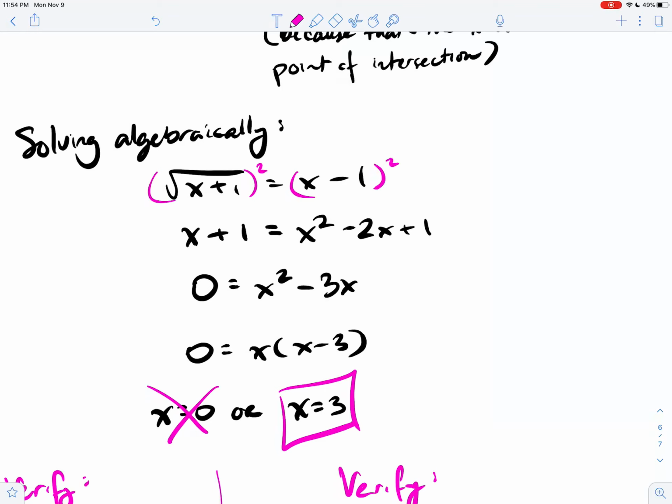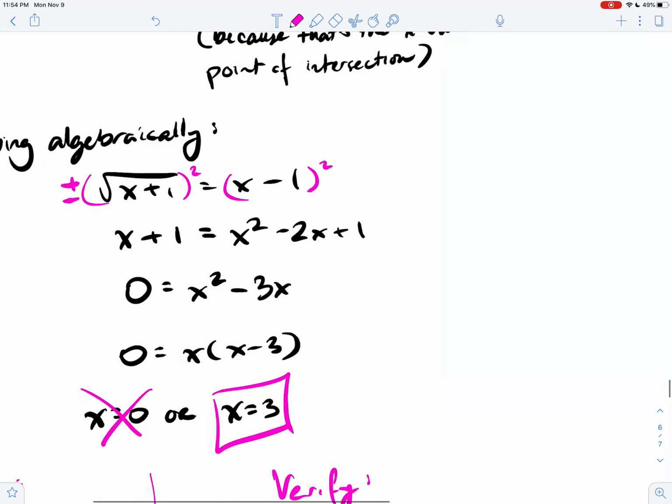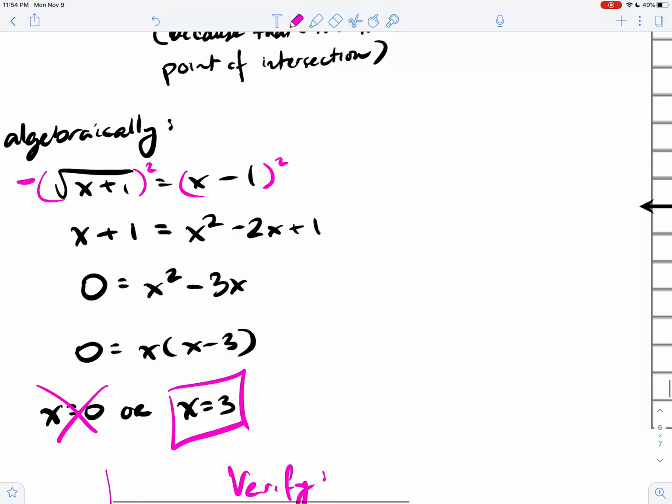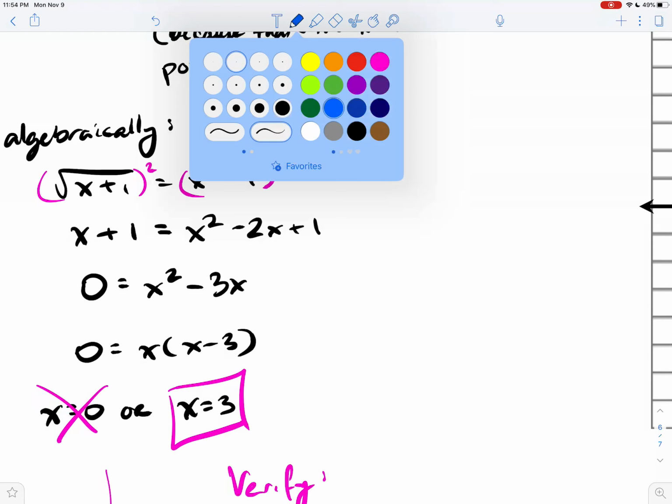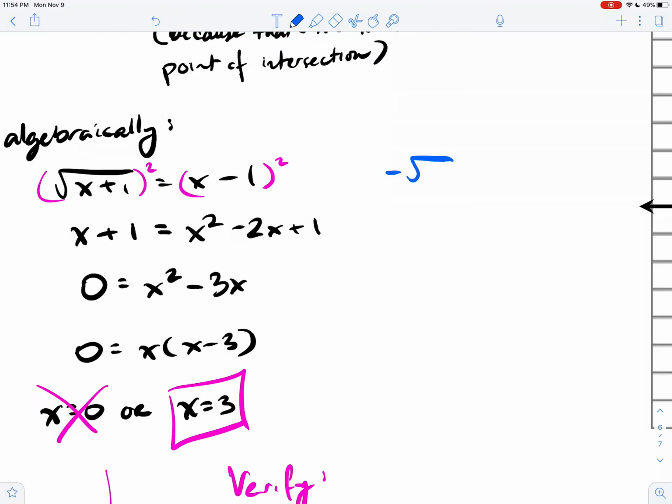When we square both sides, we essentially take this radical part and say, well, we could have the positive radical part or the negative radical part. Because if I had an equation that said something like negative root of x plus 1 is equal to x minus 1, how would I solve that?